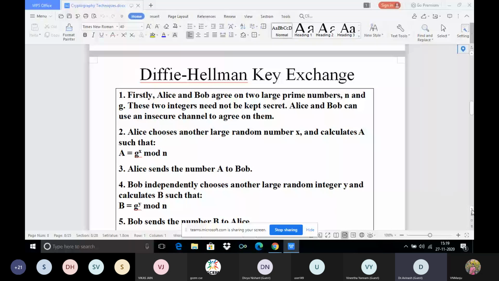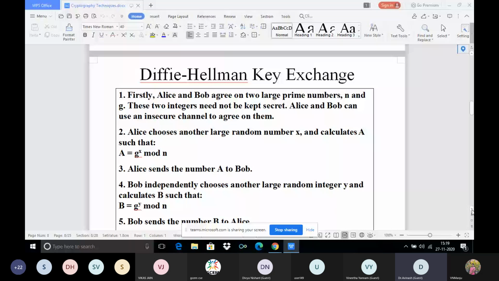So Alice chooses another large number, say x, and calculates a value A, where A is g to the power x mod n, and then Alice sends the number A to Bob. So Bob gets the number A, and then Bob has to apply the reverse process in order to generate the number B.